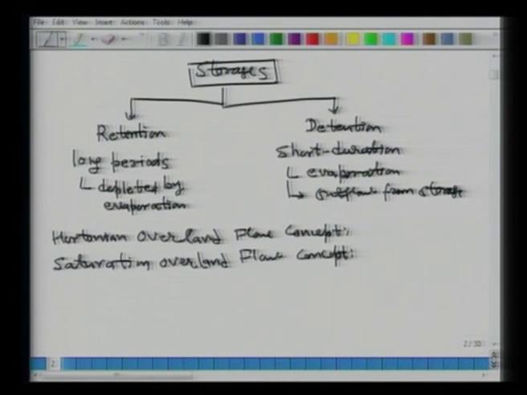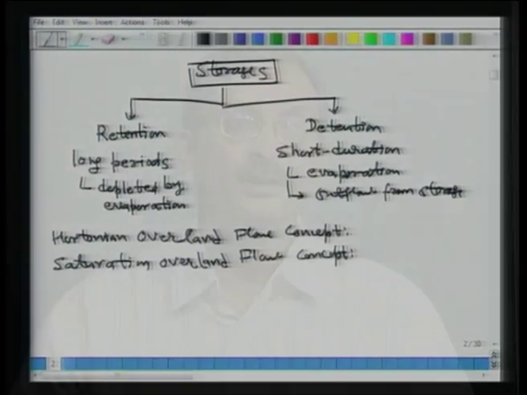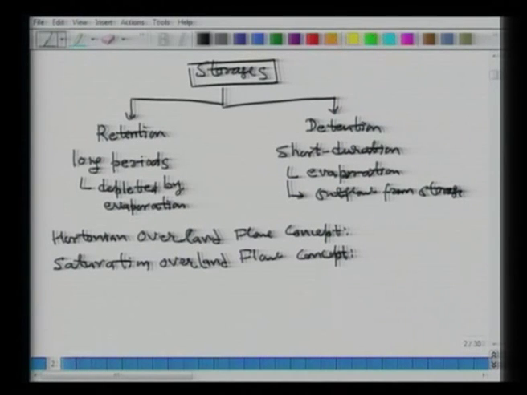Okay, these are two different theories, we can say, which try to model the infiltration or the abstraction from the rainfall. All right, this Hortonian concept was proposed by Horton in 1933.